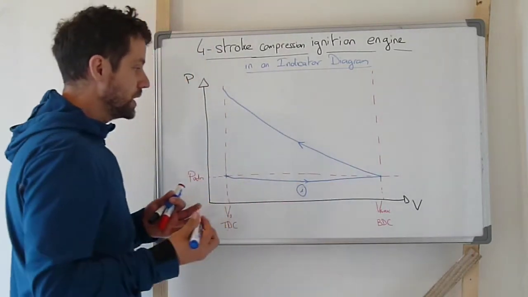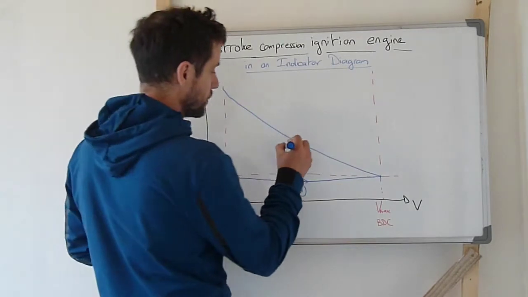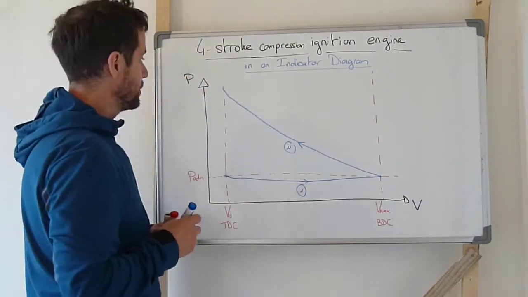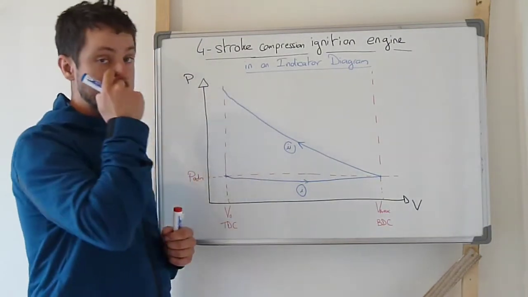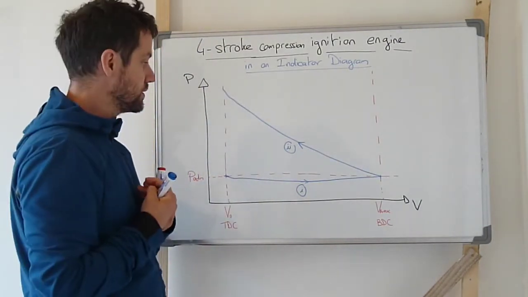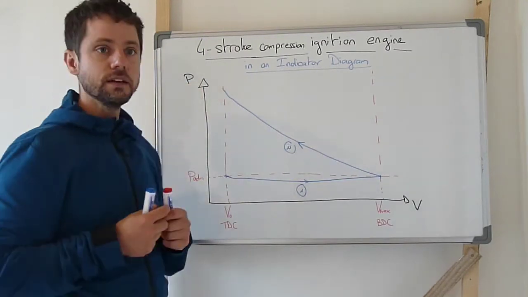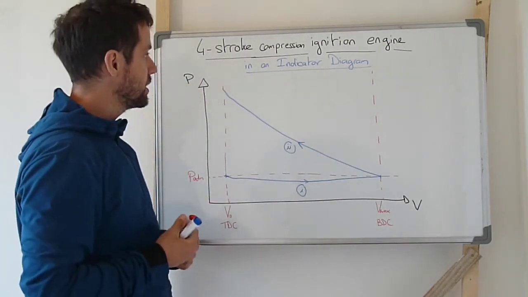But it cannot really be seen on this diagram because there is no scale for the pressure. The pressure reached at the end of the compression stroke is higher than at the end of compression for the spark ignition engine.